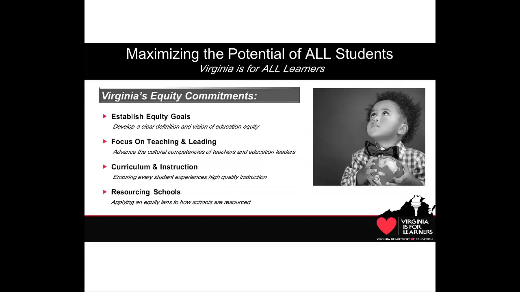So to that end, we are establishing clear equity goals for the Commonwealth that can be measured and where we will monitor their progress over time. So this really goes to Dr. Valle's point about what gets measured is what gets done. And so it's really, really important that we have a clear vision of equity that aligns to the things that we are actually measuring and aligning our accountability to.